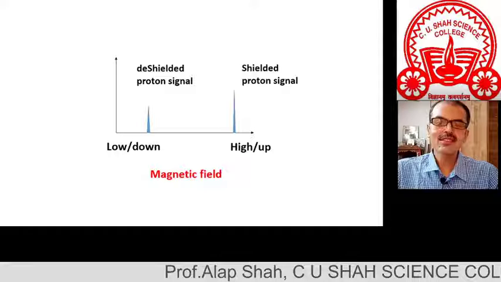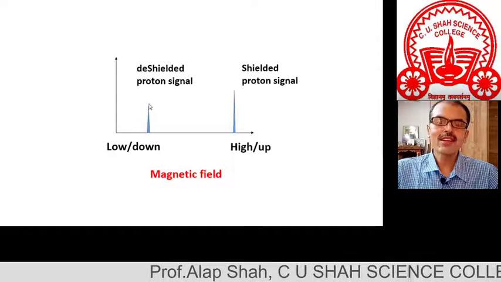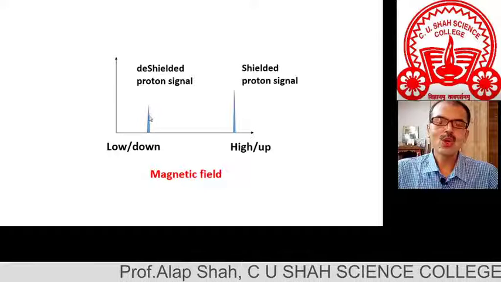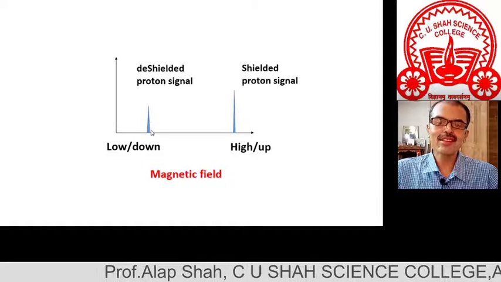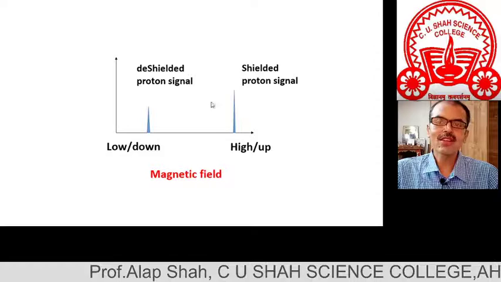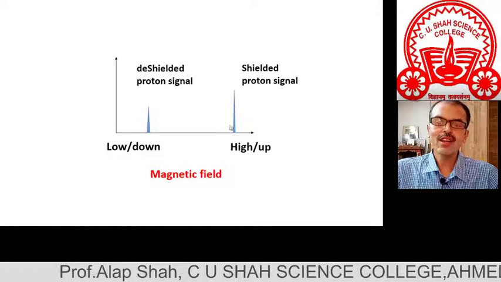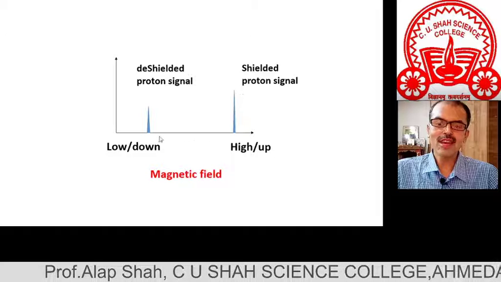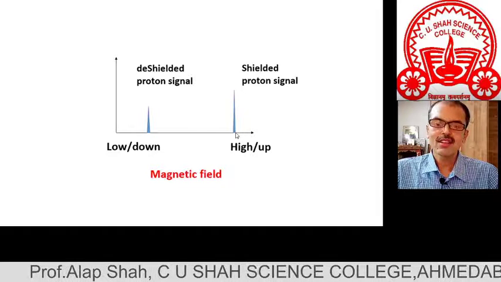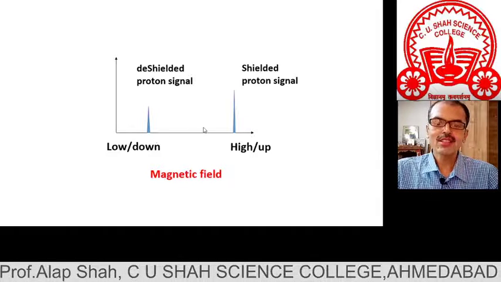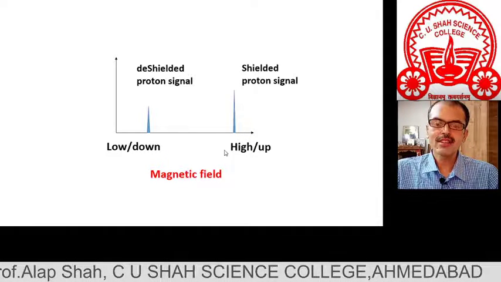If less magnetic field is required, then deshielded proton signals fall into the low field or downfield, as they require lesser magnetic field. Shielded protons fall into the high field. Don't consider the height of the signal; I am not talking about height. This area is called high field.